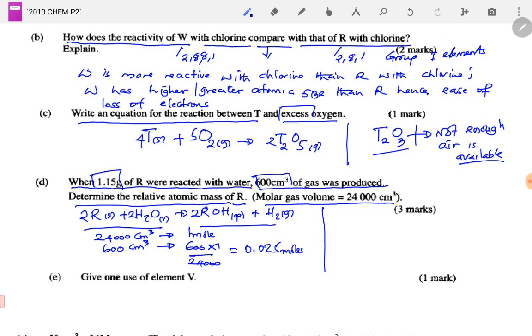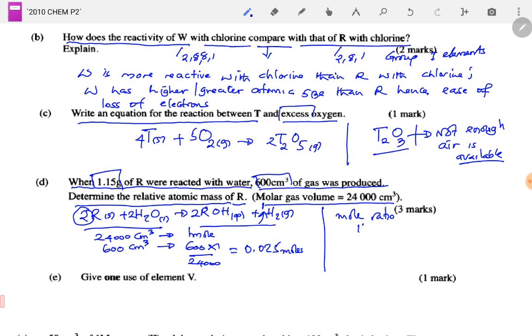Now looking at the mole ratio, referring to the equation, we have 2 moles of R but 1 mole for hydrogen gas.